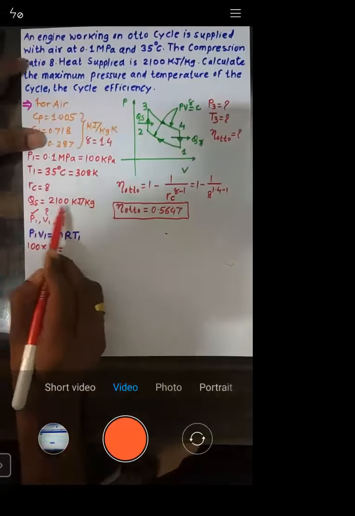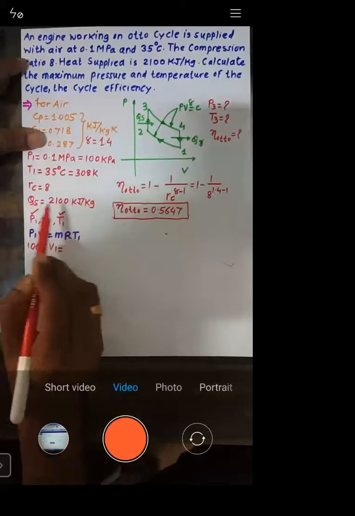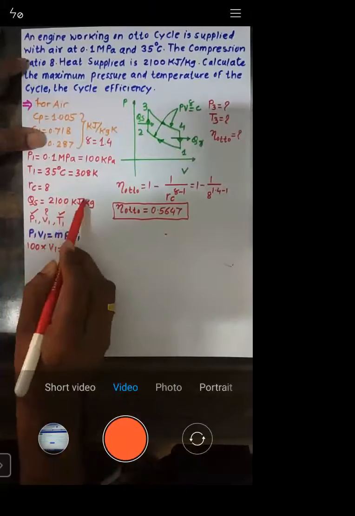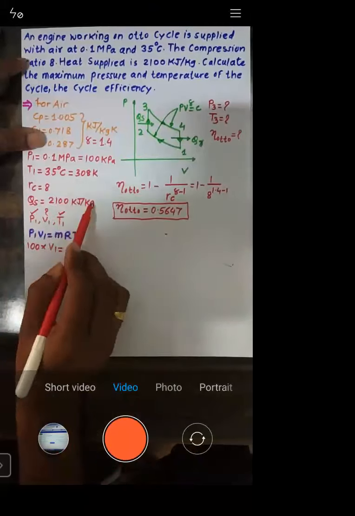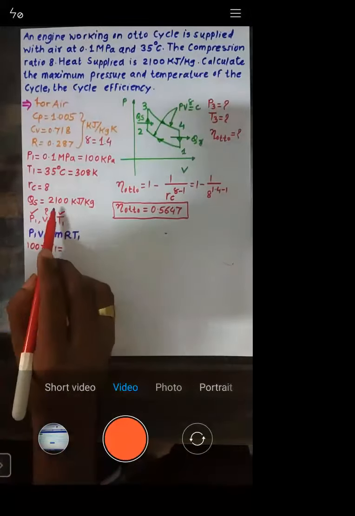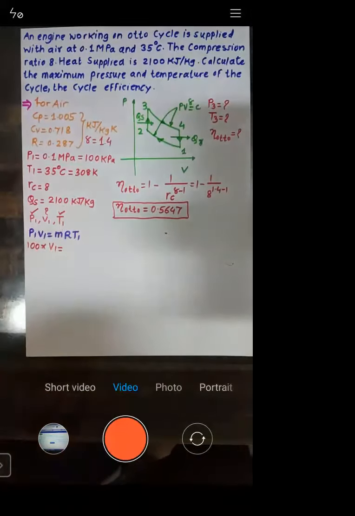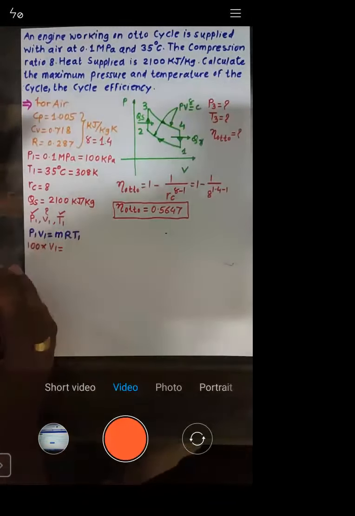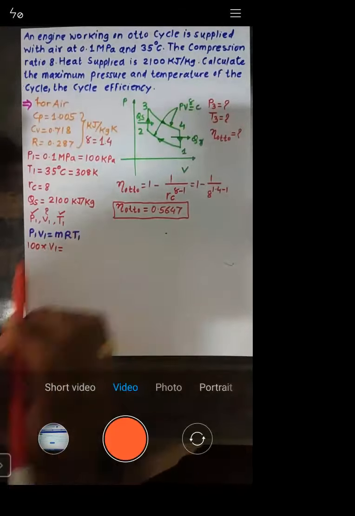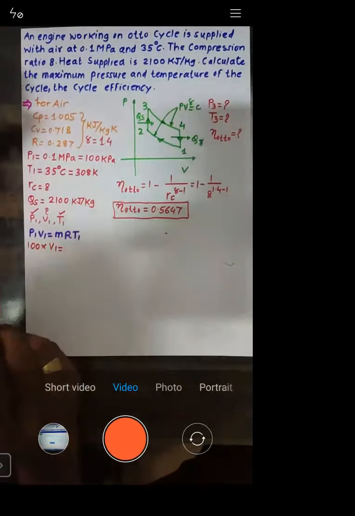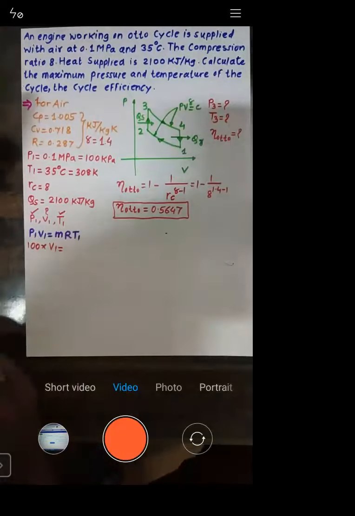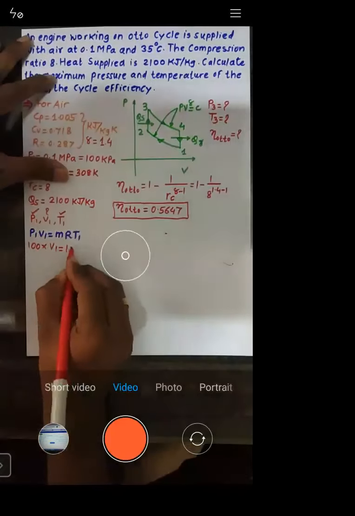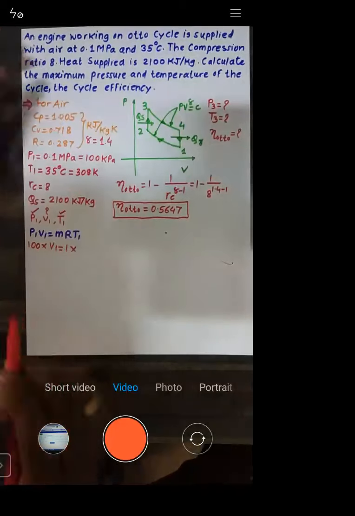When you see the amount of heat supplied, 2100 kilojoule of heat is supplied for 1 kg of mass. That means everything we need to calculate is for 1 kg of mass. Kilojoule per kg means it is for 1 kg. So mass we need to take as 1 kg.